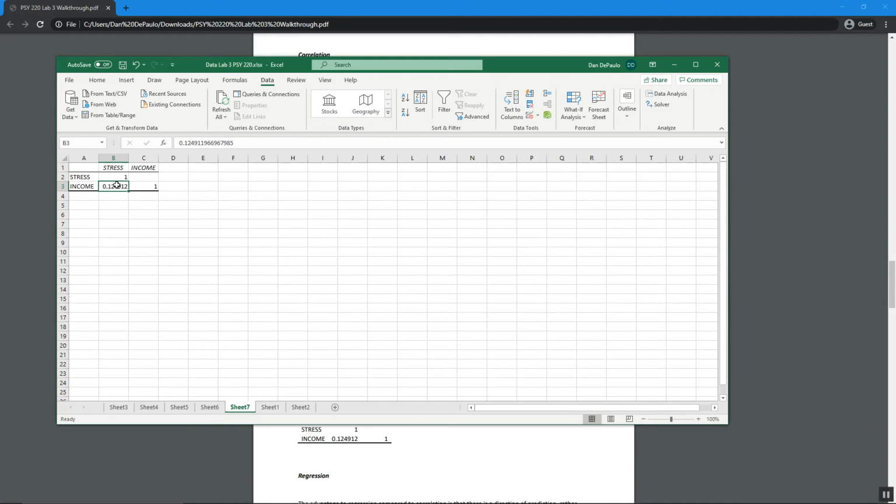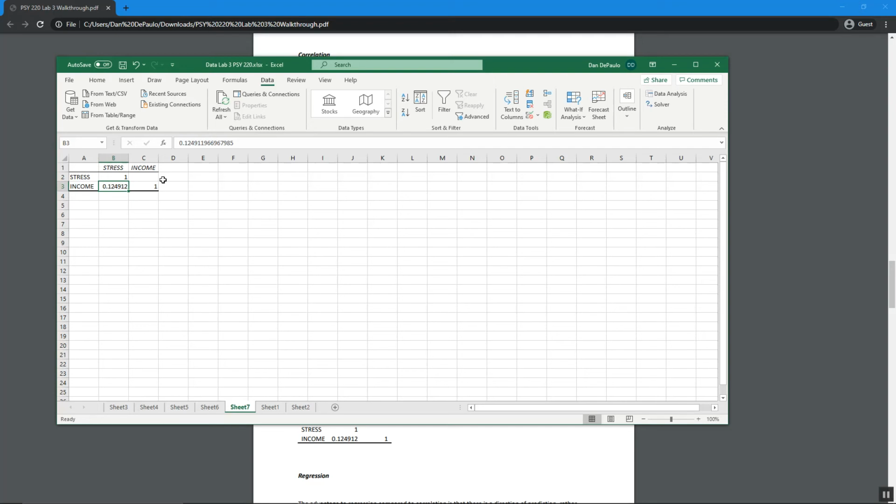If I square this, I get R squared, which is the proportion of variance accounted for. So if I square 0.12, I get about 14% of the variability. So 14% of income is accounted for by stress, or 14% of stress is accounted for by income, whichever way you want to go.